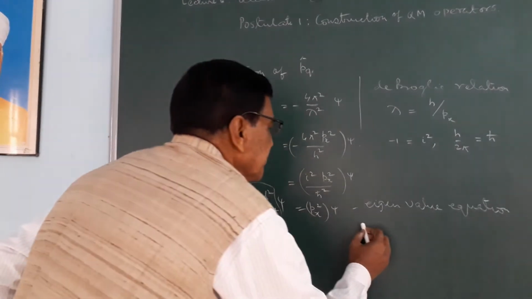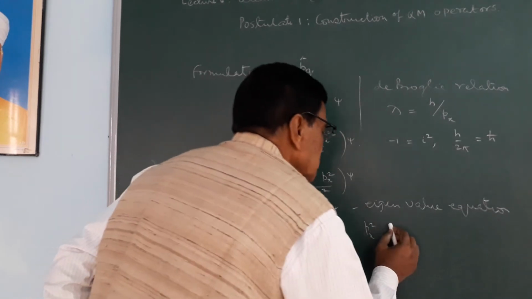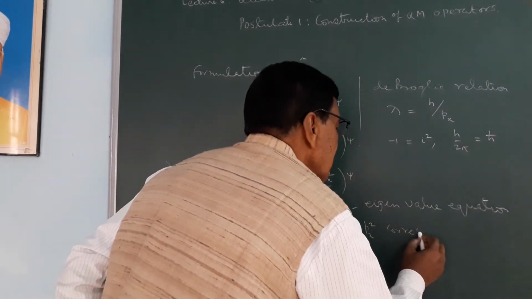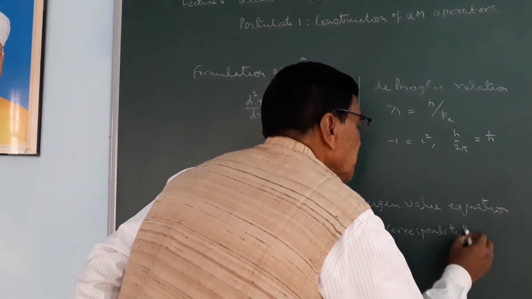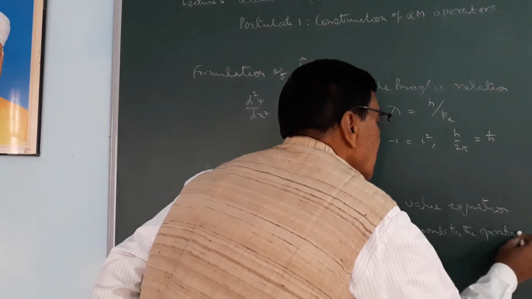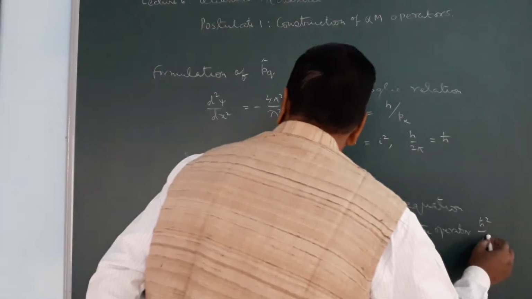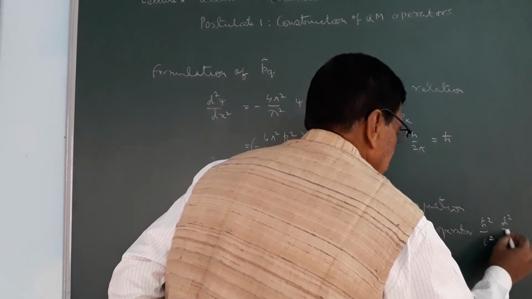So we can write that px square corresponds to the operator h cross square divided by i square d2 by dx square.